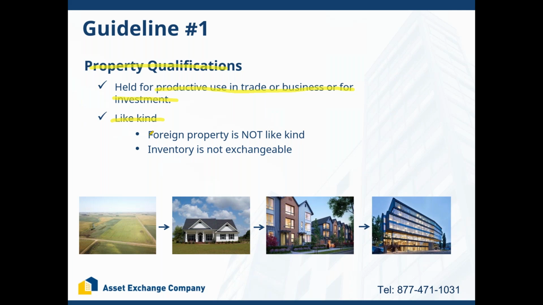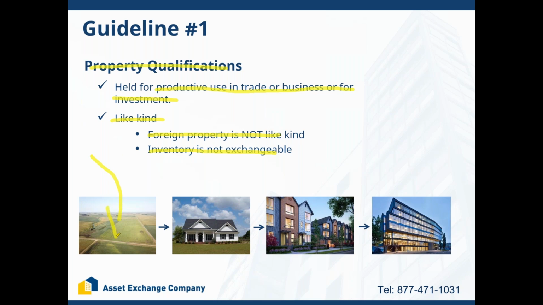Now, foreign property is not like kind. You cannot exchange a property in the United States for something outside of the United States. Inventory is not exchangeable. Inventory is your quick flips. Inventory is development projects, okay? But outside of those two kind of restrictions, you do have a lot of flexibility.